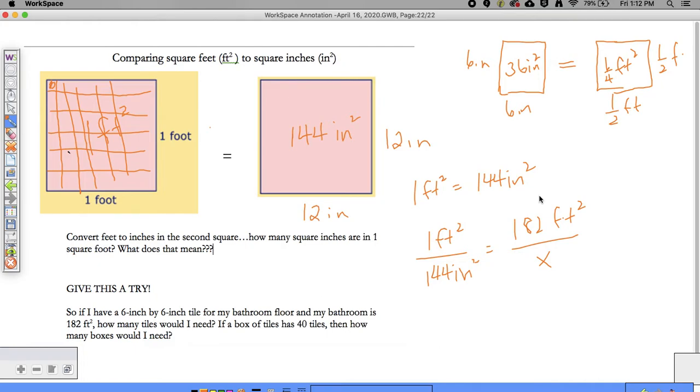And it should be a large number, because 1 square foot requires 144 square inches, right? So I'm doing 144 times 182.